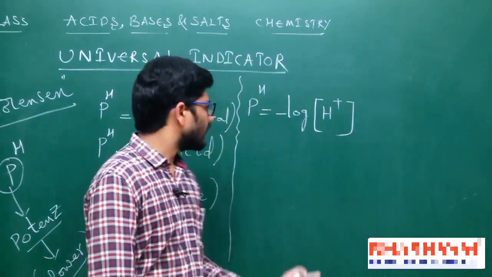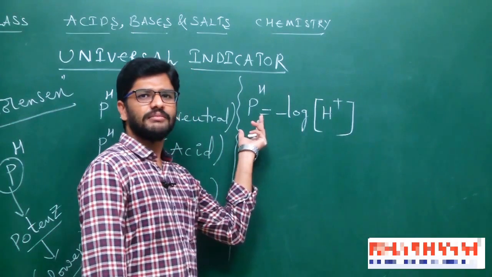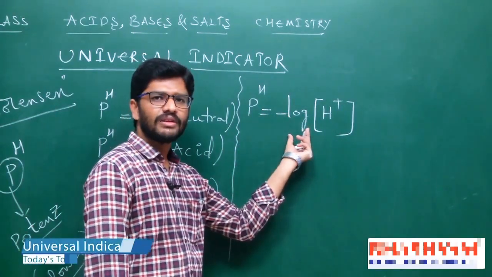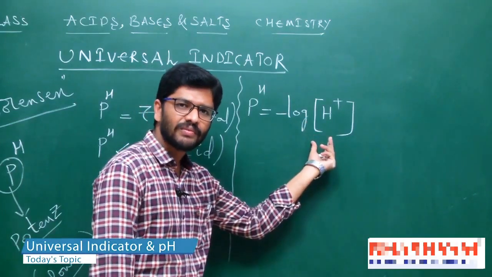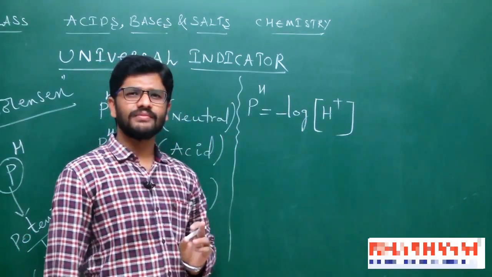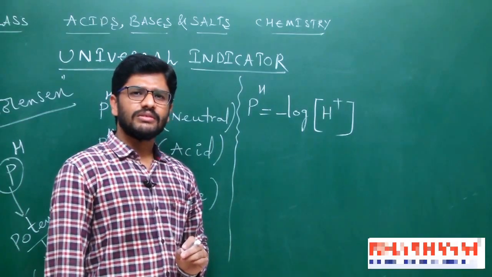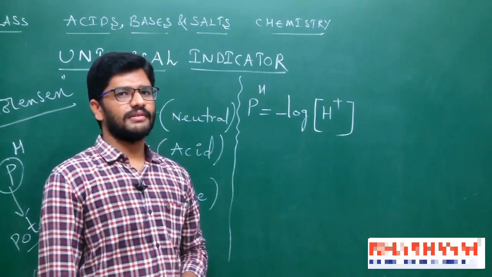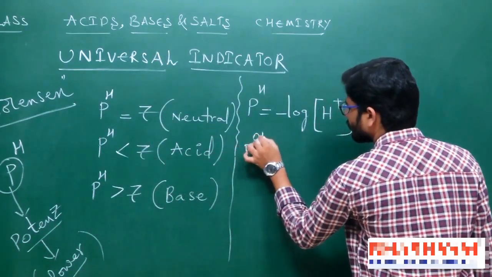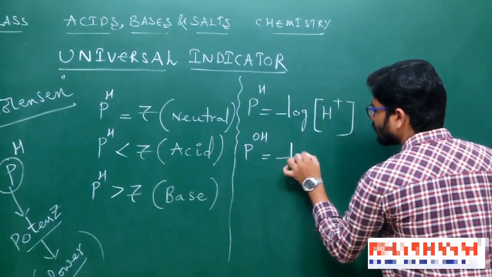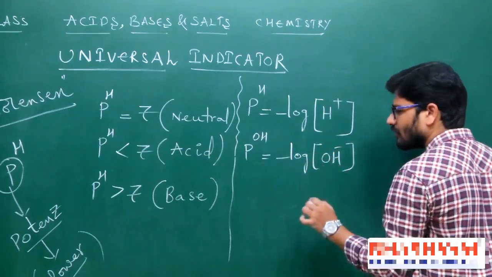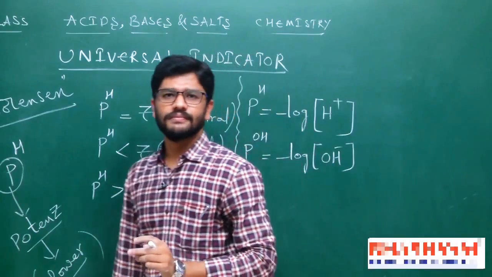So what about pOH, sir? pOH is the negative logarithm of the concentration of OH minus ions.